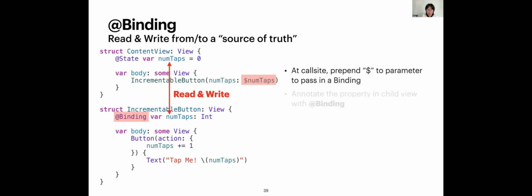Now IncrementableButton can both read and write to ContentView's numTaps. There's one source of truth in ContentView, and the child view has a two-way connection to it. When you tap the button, it modifies ContentView's numTaps, and everything stays in sync.